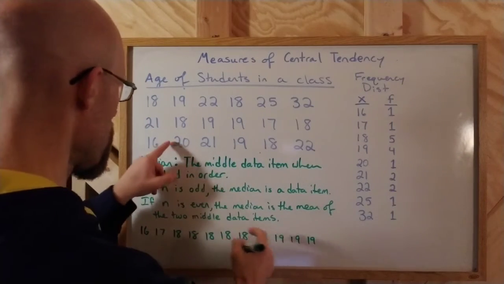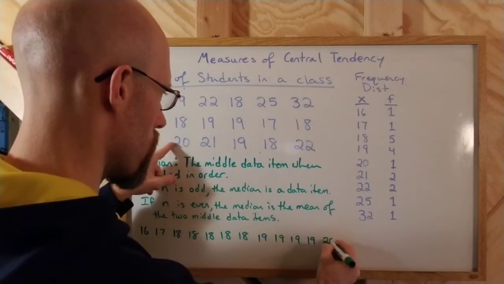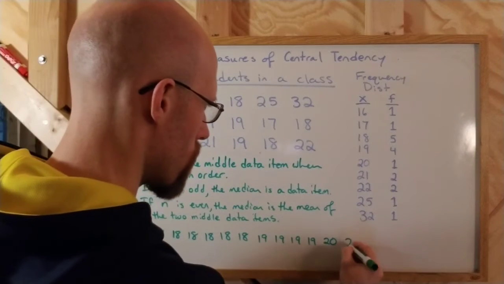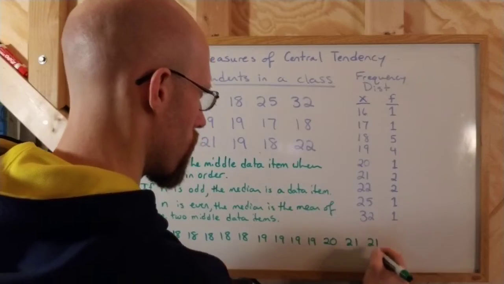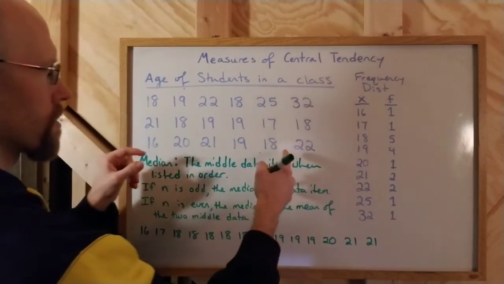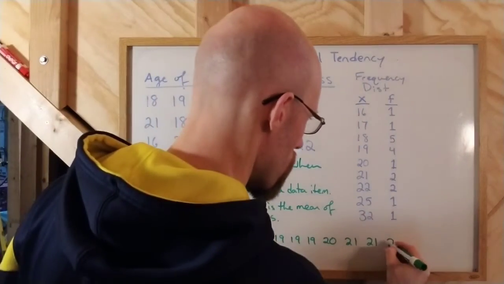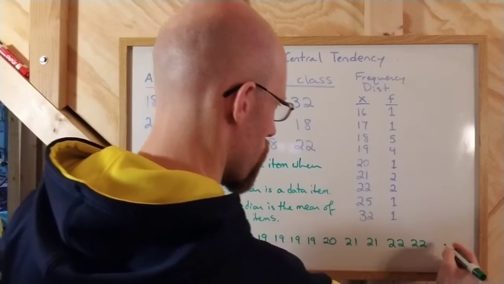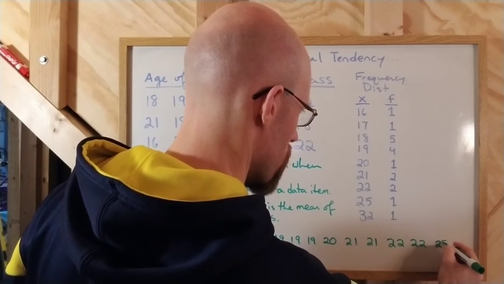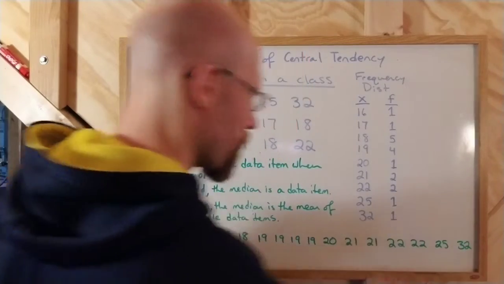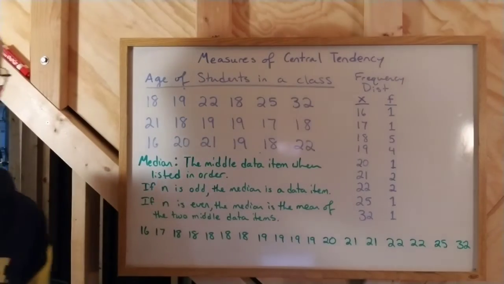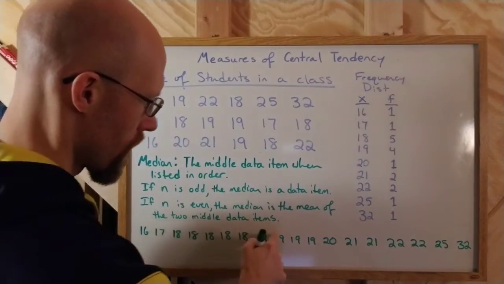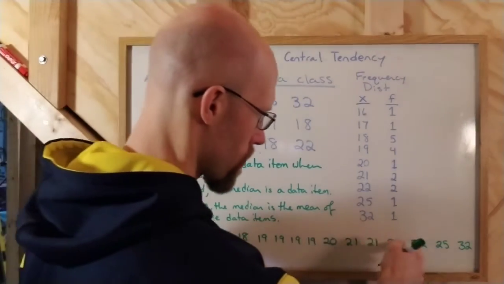Next would be 20. There's one of those. There's a couple 21s. Let's see, there's a couple 22s. There's a 25 and a 32. Ooh, perfect. Got them all in one row. All right, there's all 18, I think. 1, 2, 3, 4, 5, 6, 7, 8, 9, 10, 11, 12, 13, 14, 15, 16, 17, 18.